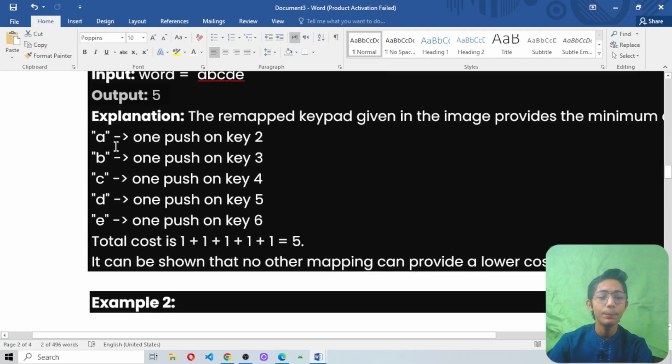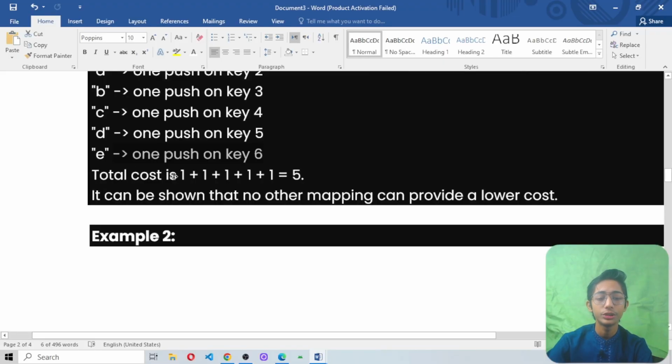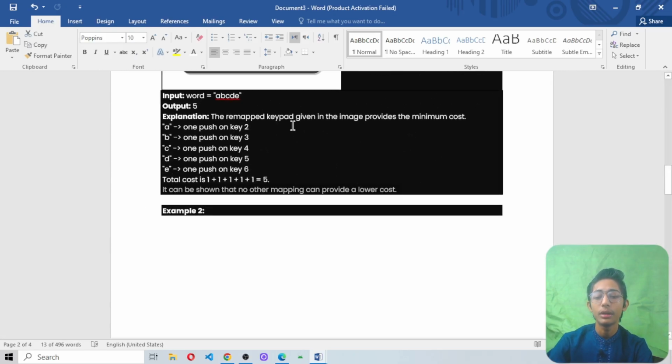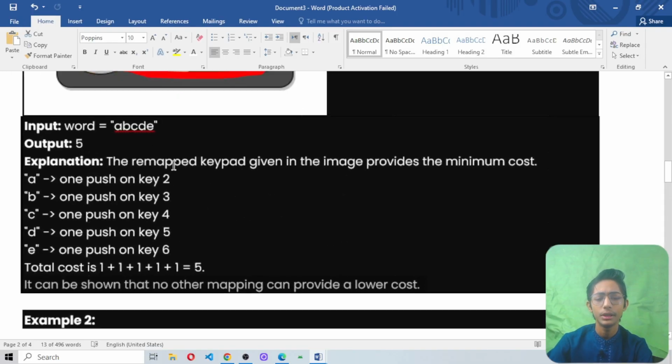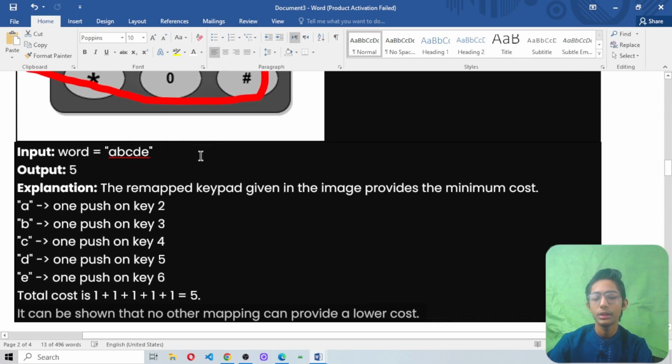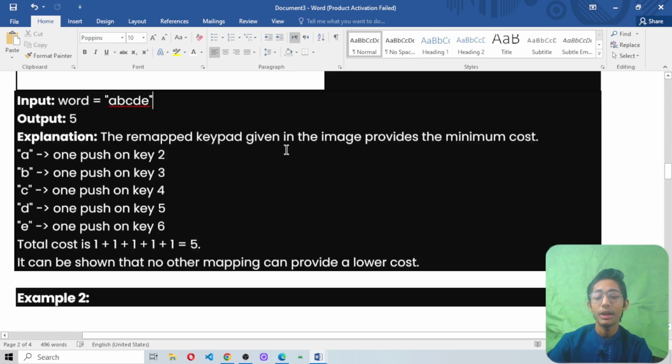A takes one push on key 2, B one push on key 3, C one push on key 4, D one push on key 5, and E one push on key 6. So the total cost is 1 plus 1 plus 1 plus 1 plus 1 equals 5. It can be shown that no other mapping can provide a lower cost.